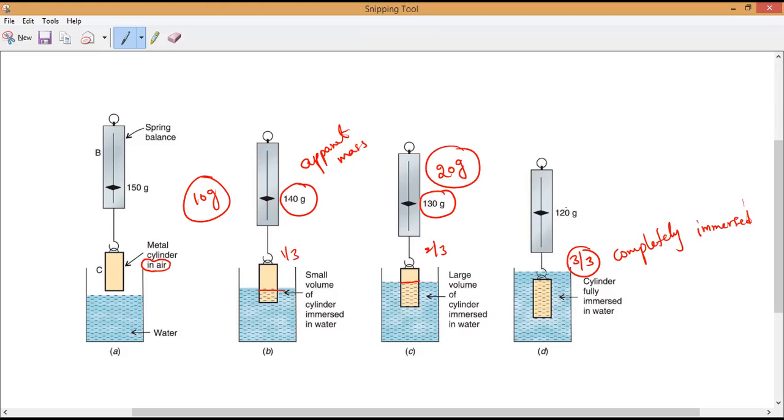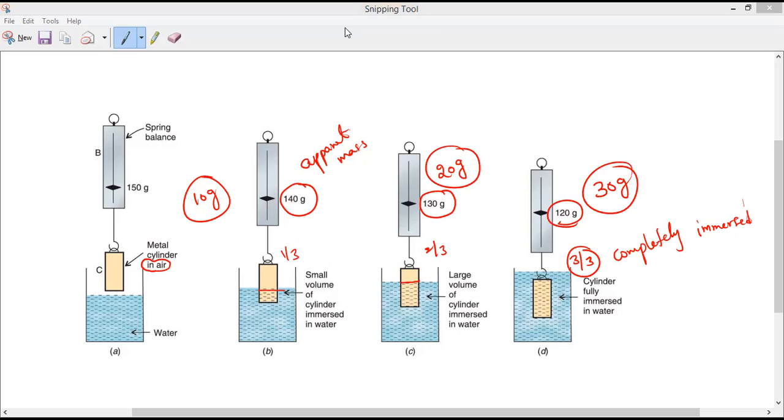If it is fully immersed, what is the loss of mass from first to last? Check it, all of you. 30 grams. So that is the statement you have to remember: if the immersed portion of the body increases, then the buoyancy force experienced by the body also increases or decreases? Yes?